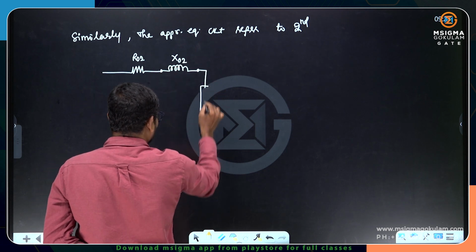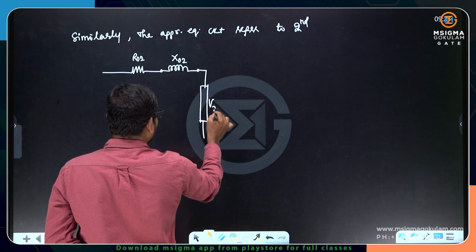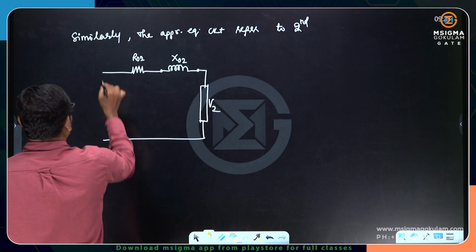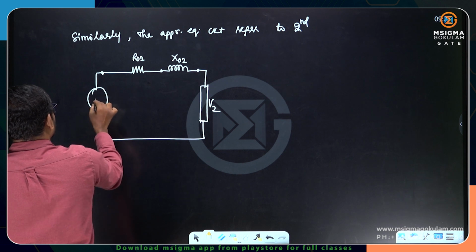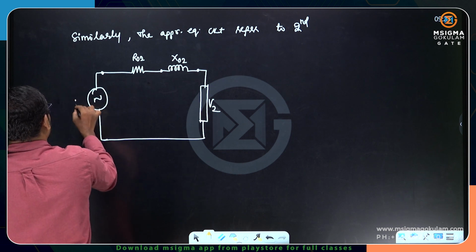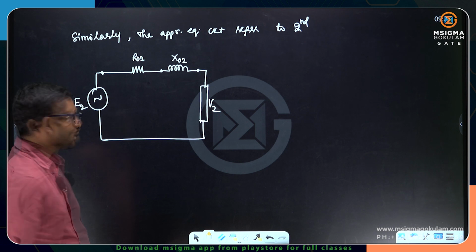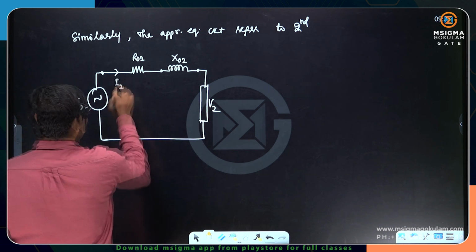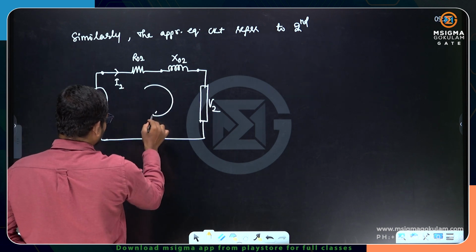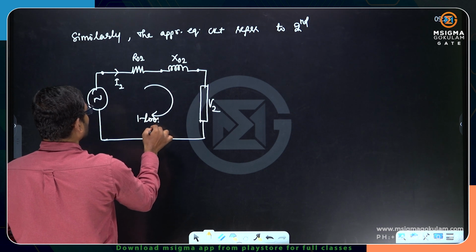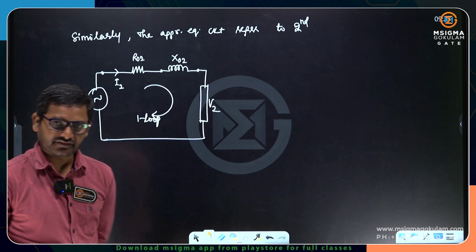Now the voltage across the load cannot be V2 dash, it is just V2 directly. It is going to operate at a voltage of E2. Now what is the current flowing through this parameter? I2. So here again it is a single loop, so one loop equation. So calculations are very easy.